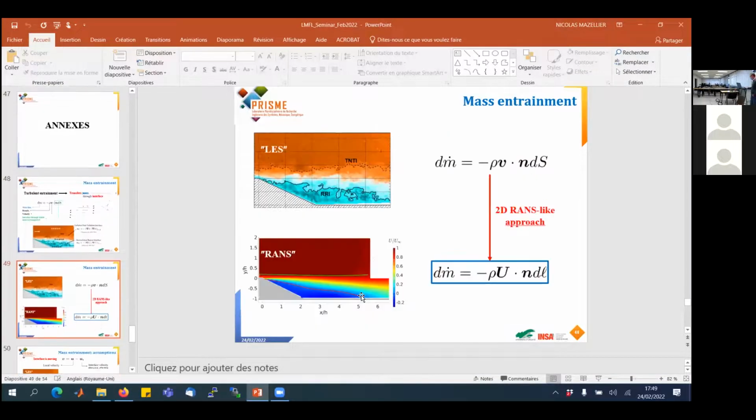Okay. Let's say it's a bit like this, in fact. This is a work we have done on a ramp. So the flow is coming from the left to the right. We have a flow separation, and we see here in red the mean recirculation region interface. So that's pretty much the same spirit as what I've done today in the talk. But if you look at the flow itself, it is this one, in fact.